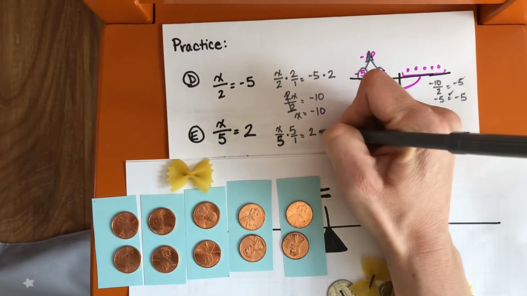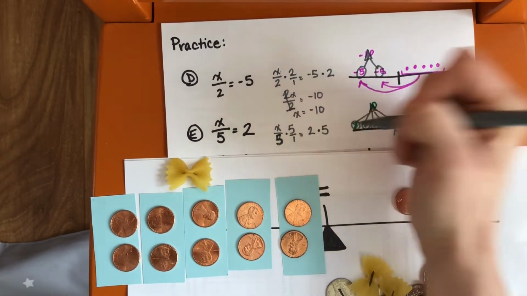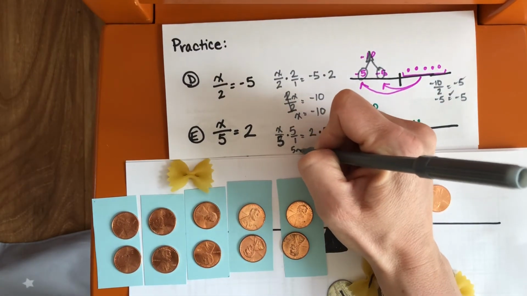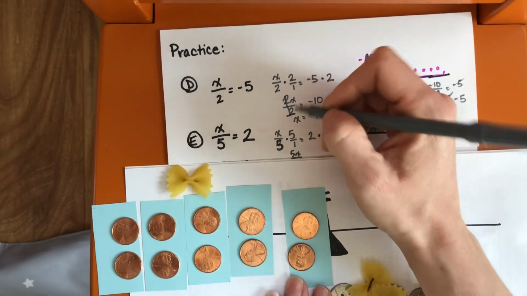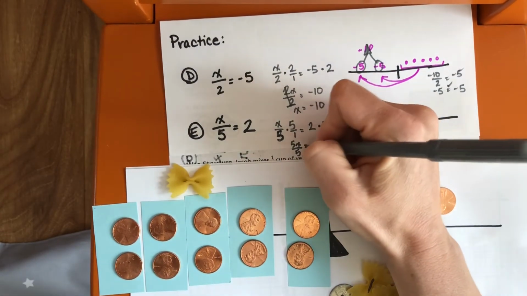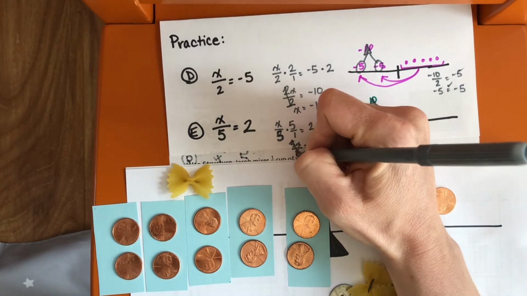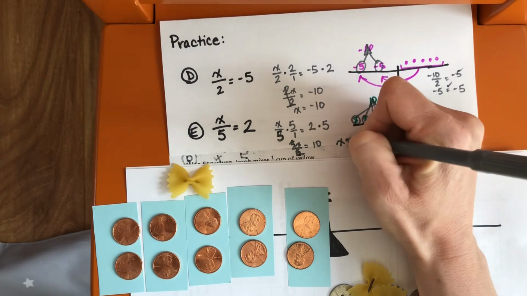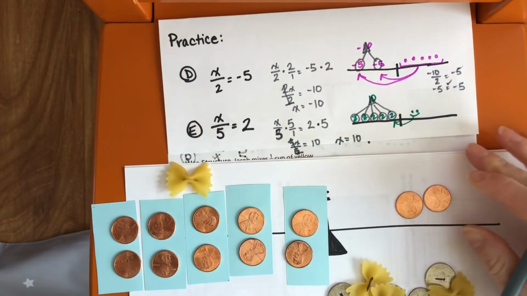And since we multiplied the left side of the equation by 5, we have to multiply the right side of the equation by 5. That gives me 5x divided by 5 is equal to 10. And we know that 5 divided by 5 is equal to 1. So we have 1x is equal to 10.